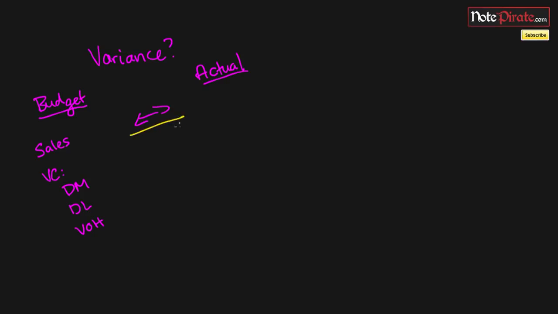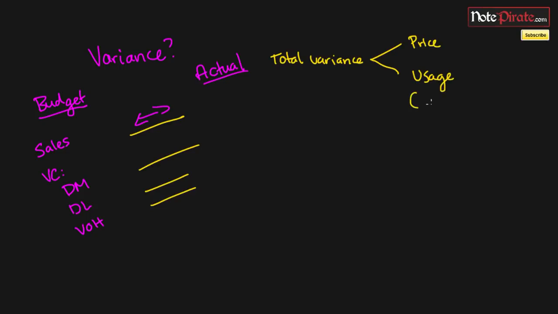So we're going to have a total sales variance, total materials variance, total labor variance, total variable overhead variance, and so on. And for each total variance, we'll be able to split it further into two different sub-variances, which are known as the price and the usage variance. And sometimes the usage variance is known as the quantity variance or the efficiency variance.